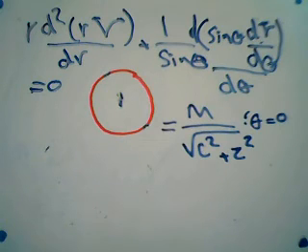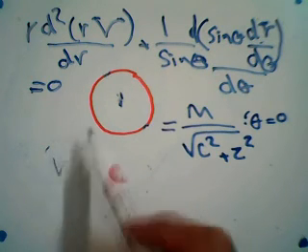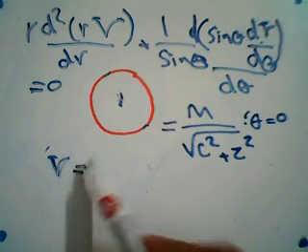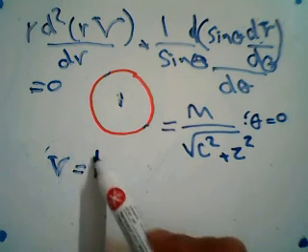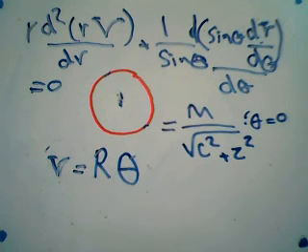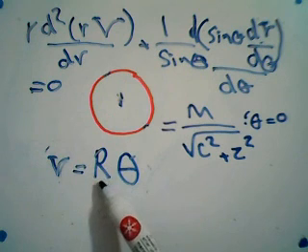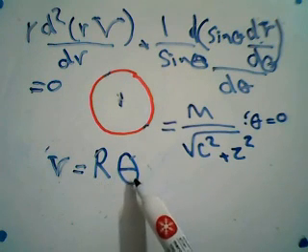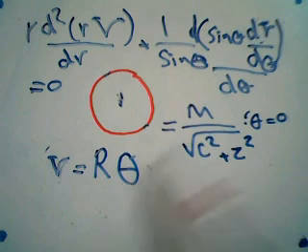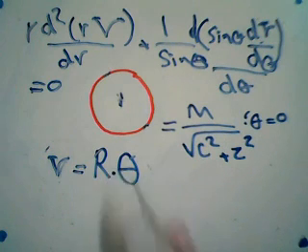In order to solve this, we suppose that v is a function like big R times big Theta, in which big R is a function of just the little r, and big Theta is a function of just the little theta. And this is a product.